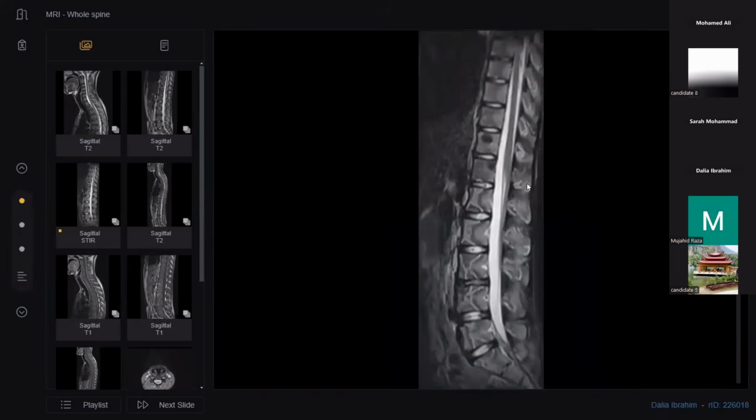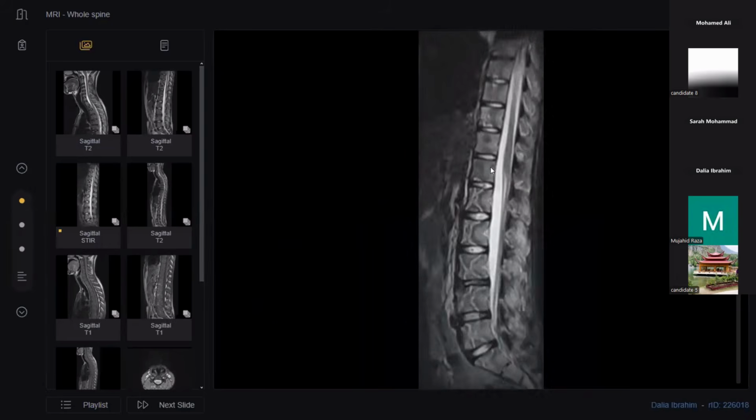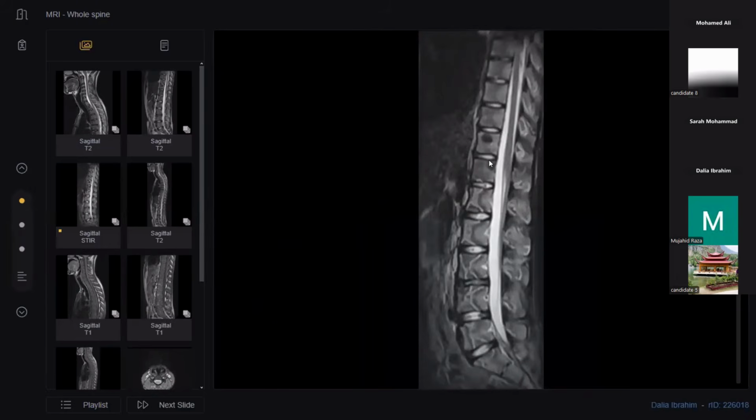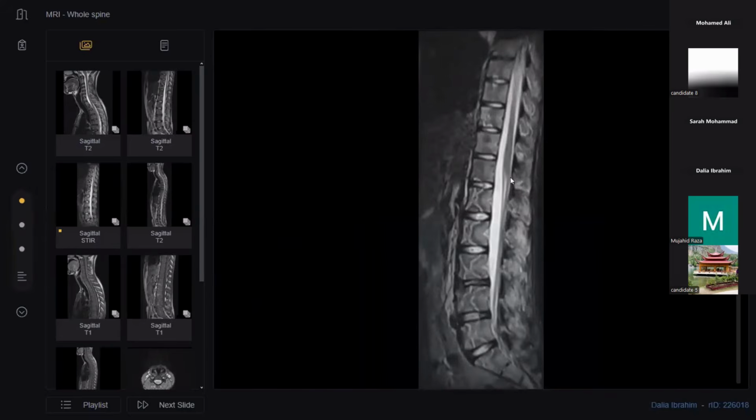The second abnormality you have already mentioned, which are those well-defined lesions of abnormal low signal. Okay, this is the second abnormality. We have a very, very important third pathology in this case. Can you see it here? Where? No, I can't see it.